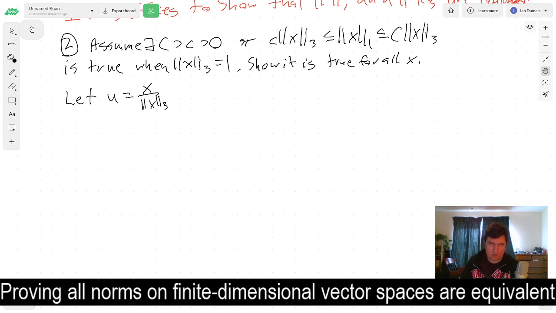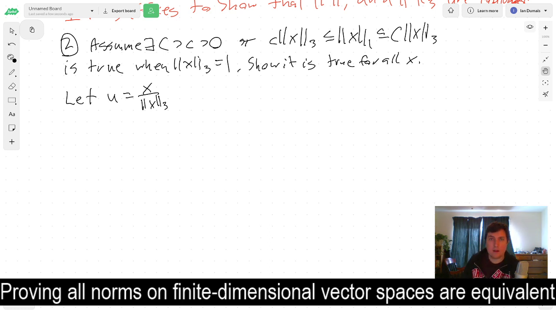This is your classic way we would make a unit vector even in your introductory linear algebra or high school even. But let's show that this has length 1 for all x, then we'll be good. That would mean we'll be able to take any x, turn it into a unit vector, and if it's true for these unit vectors, it's true for all the x.